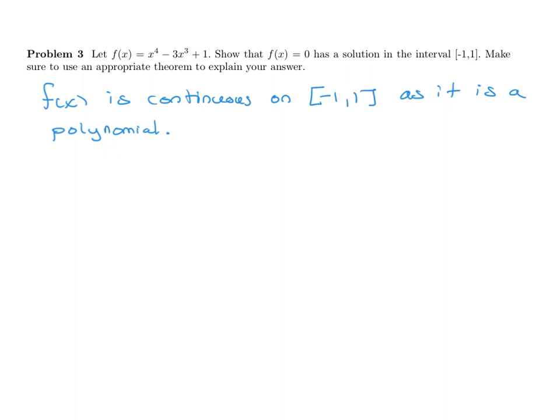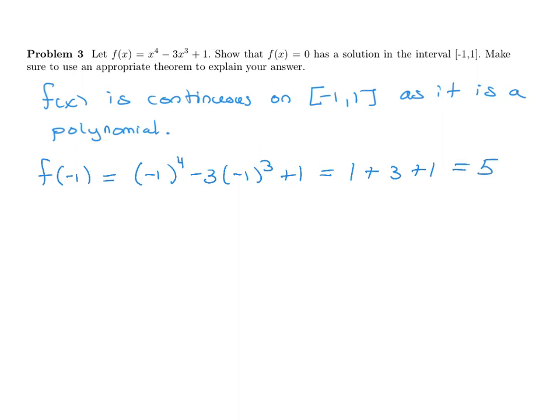Okay, the next thing we're going to do is check the endpoints of the interval in this function. I'm hoping that we get a positive number for one and a negative number for the other. So next, I'll note that f of -1 is equal to (-1) to the fourth minus 3 times (-1) cubed plus 1. This is 1 plus 3 plus 1, which is 5.